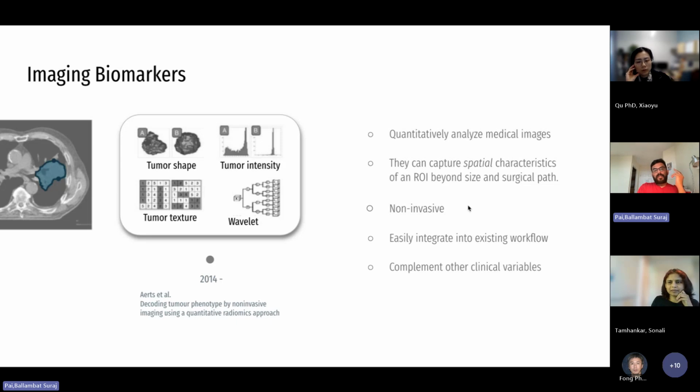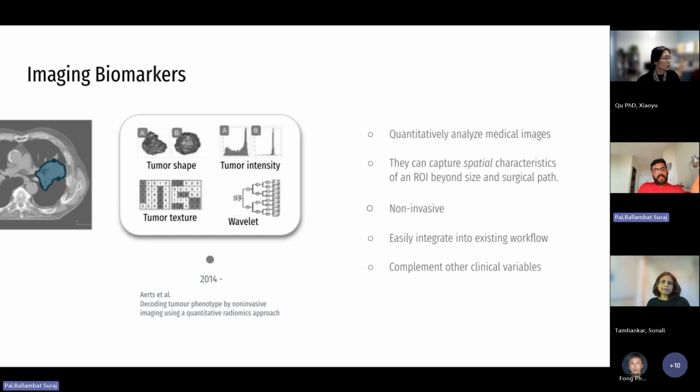A huge benefit of doing this sort of imaging biomarkers is they're non-invasive, and this sort of imaging is already done in existing workflow. So you wouldn't need to add a separate workflow to integrate this into clinical practice. So they are easily integratable, and we hope that this would also complement other clinical variables such as TNM staging or just tumor volume.